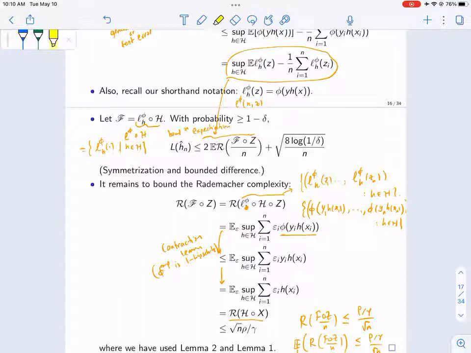Questions, comments? So the main part was just to control the Rademacher complexity, using the combination of the result that we had for the linear class with bounded input domain, and then the contraction principle, sometimes called Talagrand's contraction principle, for Rademacher averages.